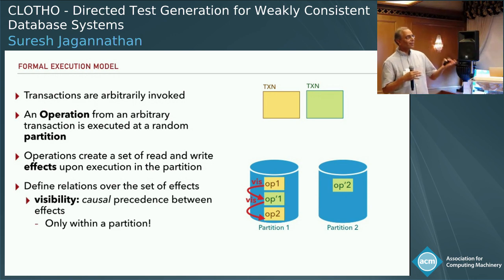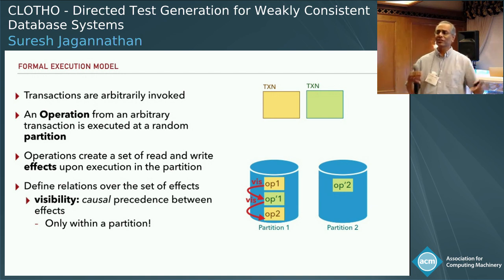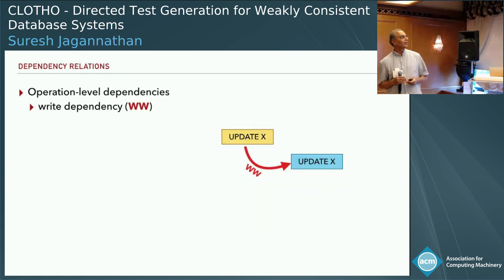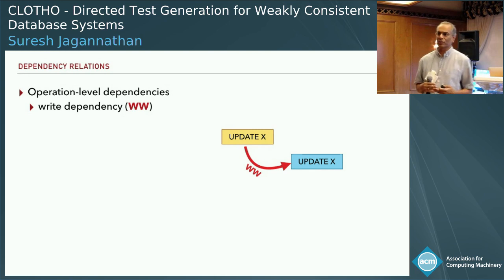So like visibility, there are a series of relations that we can define that impose structure on the execution and the effects that are witnessed by different operations. Okay, so what are some of these other more fine-grained dependency relations that we must consider? These are all very standard if you've done dependency analysis for sequential programs.